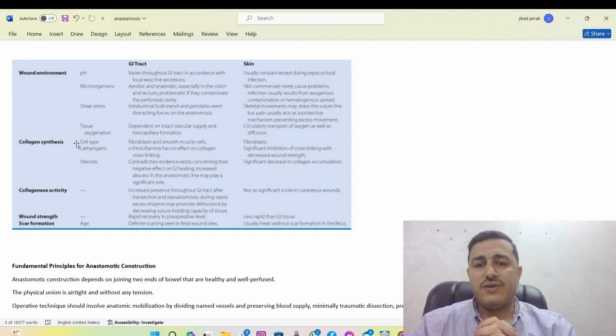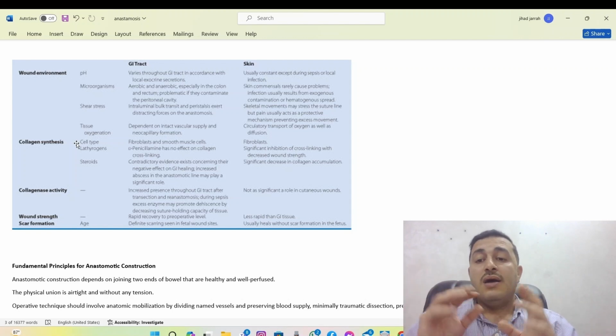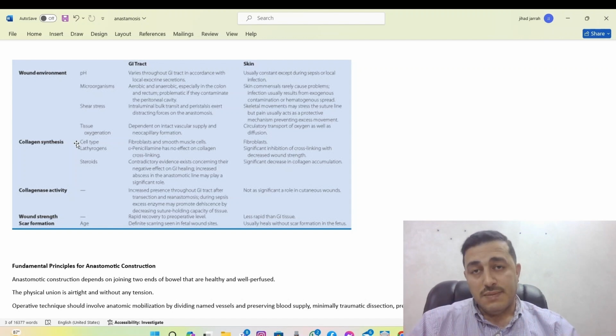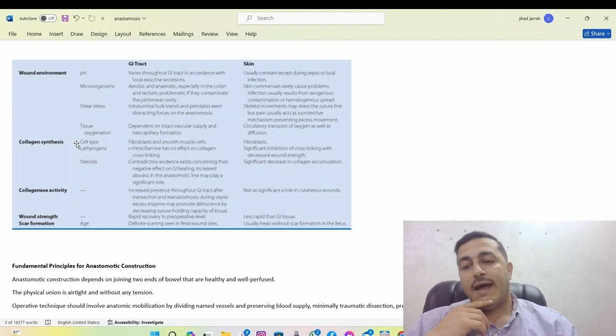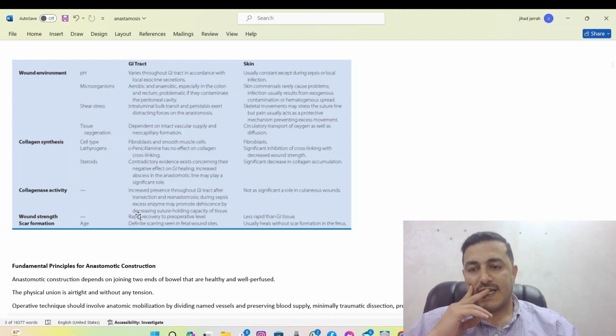A nice piece of information here is that in the pediatric age group, a wound on the skin is of little significance and disappears without scar or with little scar. But in the GI tract, if we do an anastomosis in the pediatric age group, we have significant scarring when we compare it to skin.